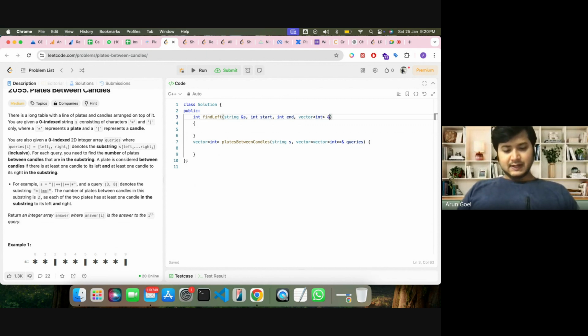Vector int and the sum one. Instead of sum, let's name it v. Okay? Now, how do you find the left? First find the mid.